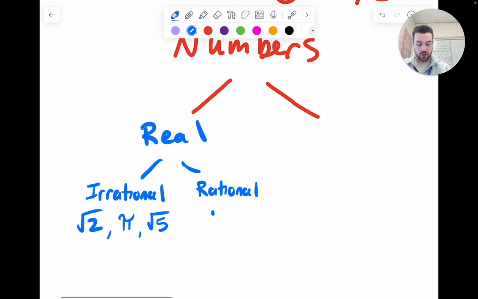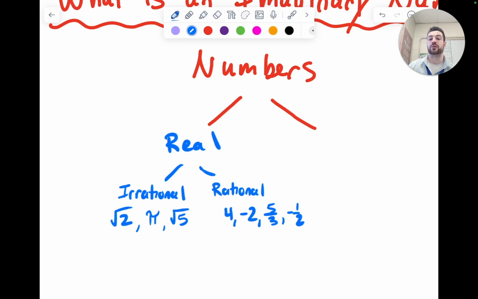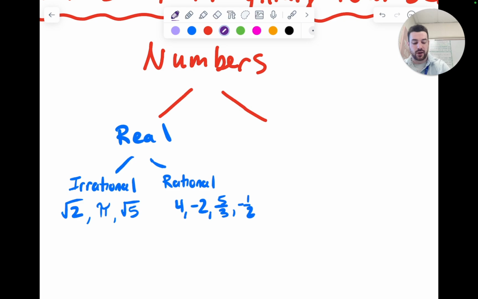So we've got whole numbers, negative whole numbers, fractions, negative fractions, things like that. This is typically the set of values we are familiar with. But there's another branch that makes up our missing portion here, and that is going to be our imaginary numbers. And this is what we're going to talk about today.